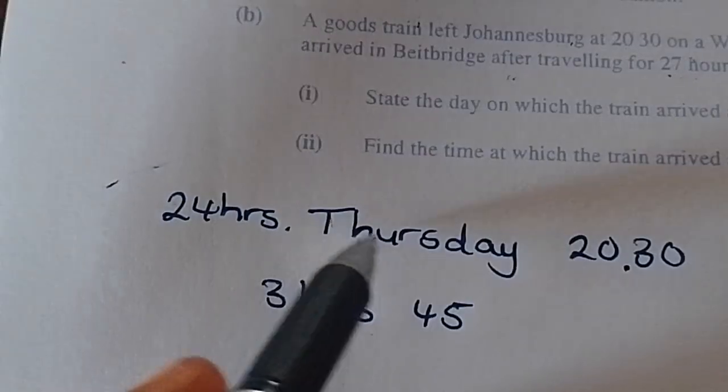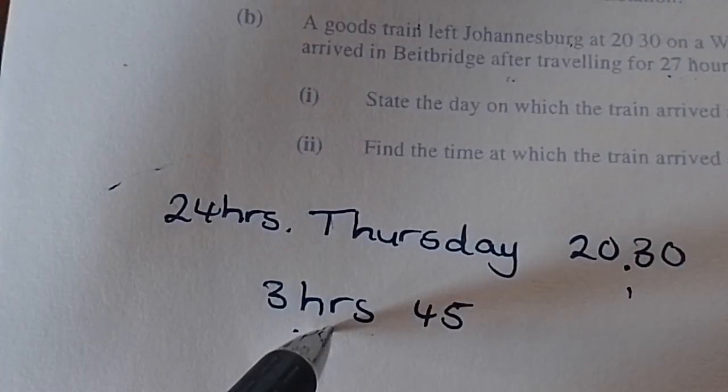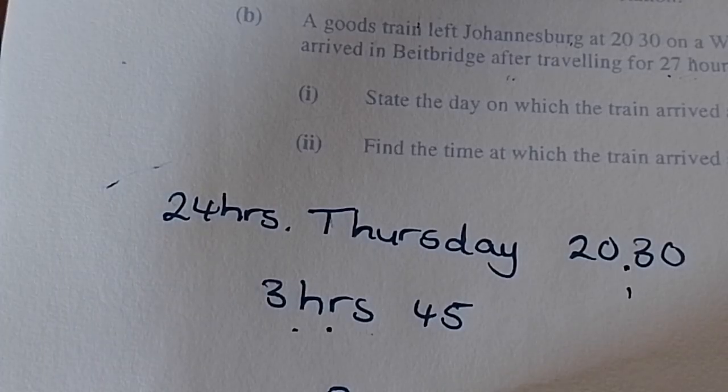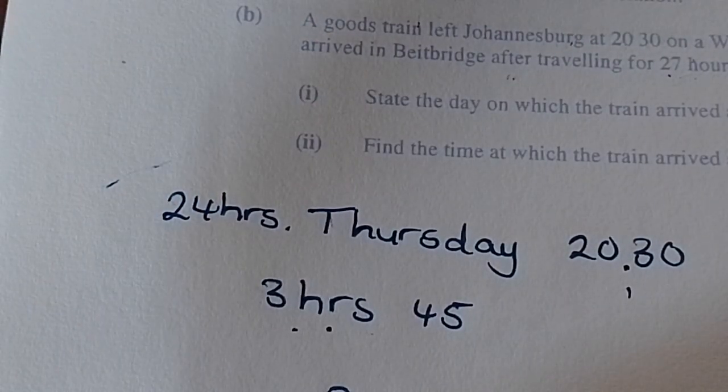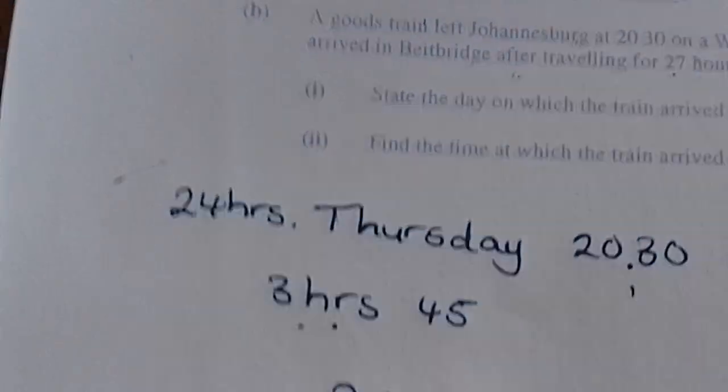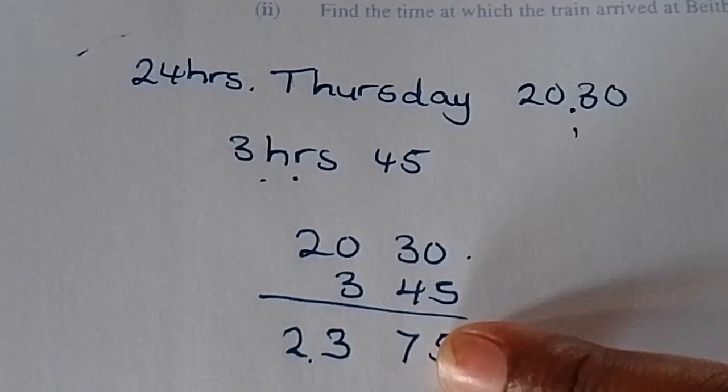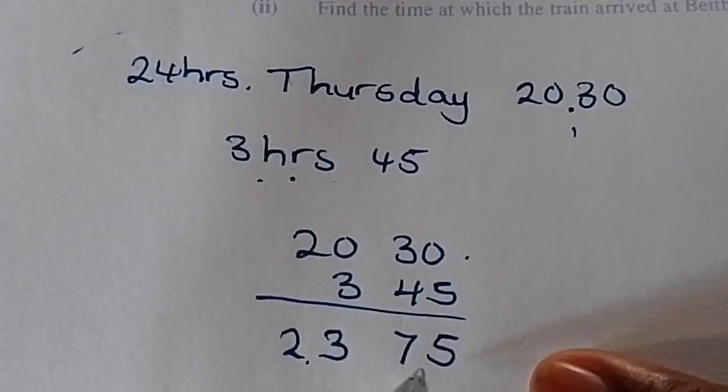So 3 hours 45, we add it to 20:30. This is Thursday. We now add another 3 hours 45: 20:30 plus 3 hours 45. So it's 5, 7, 3, 2. But we convert this to reasonable minutes.